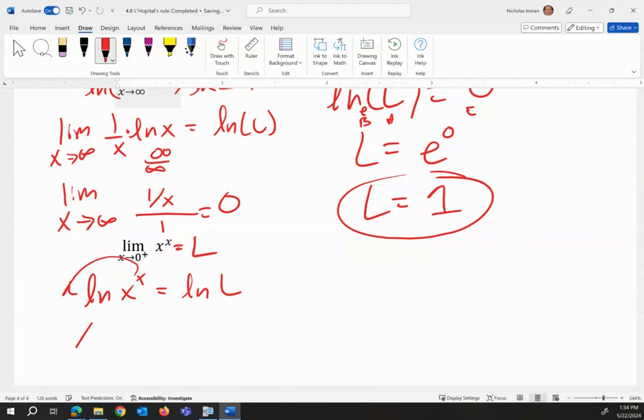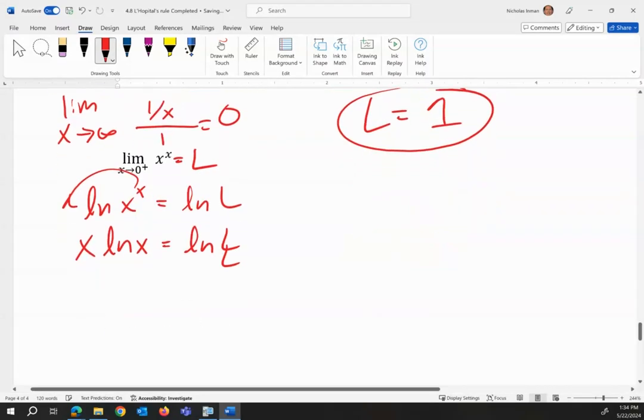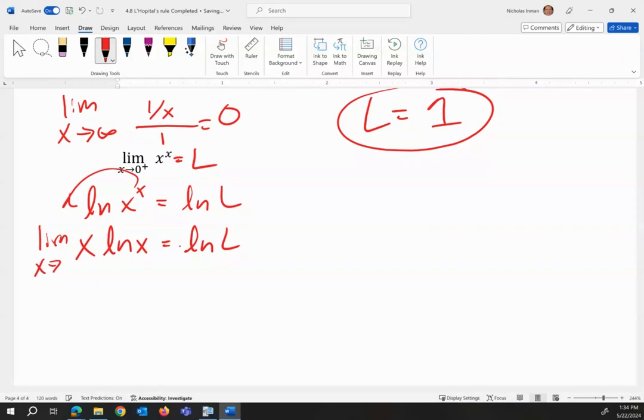This can move to the front. All right. 0 times 0, actually this should be 0 times negative infinity. So we can't do L'Hopital's yet. We have to, again, do that little adjustment.